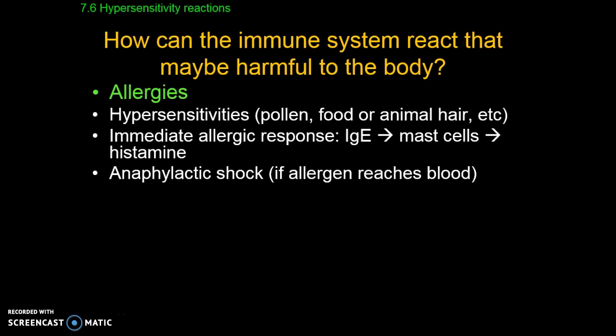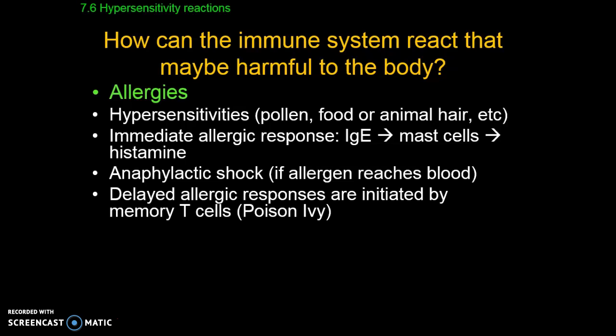You can also have more severe allergies, such as anaphylactic shock, if the allergen reaches the blood. There are also delayed allergic responses that are actually initiated by T cells. One example of this is poison ivy. If you come into contact with poison ivy, you may not know it the first time, because the first time you don't get a reaction.